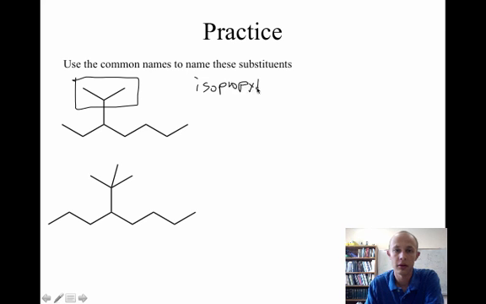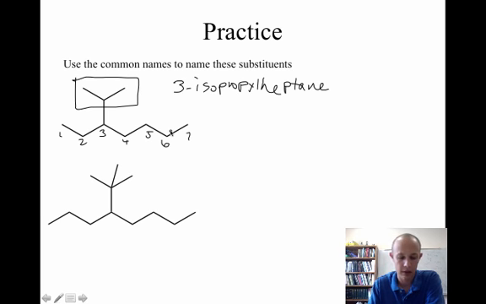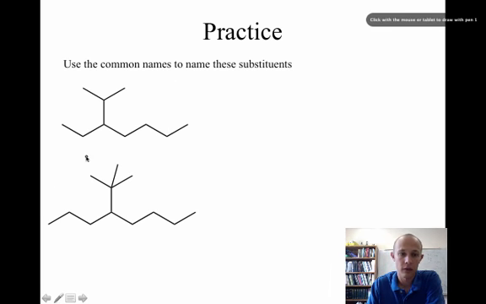If we use common nomenclature, it's on a 7-carbon chain, so we'll call this compound isopropyl heptane, and the group is on the 3rd carbon. So this is 3-isopropyl heptane. We do it for the one below here.